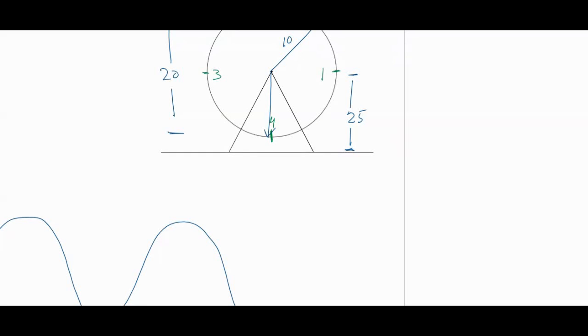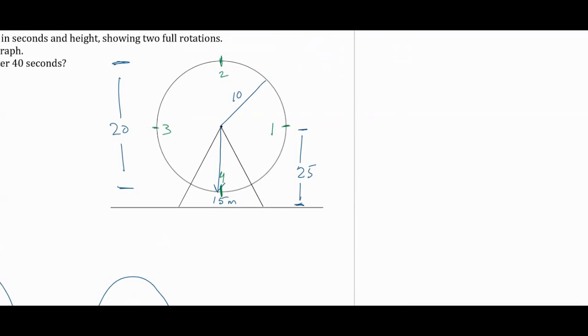So if this is 25 and this is 10, how much? 15. So be careful, we want that radius, the difference between the radius and the center. This is obviously not a good diagram because it does look a lot more like 5, but that's going to be 15 meters. 15 meters up to the bottom of the Ferris wheel, 10 more meters to the middle, 10 more meters to the top.